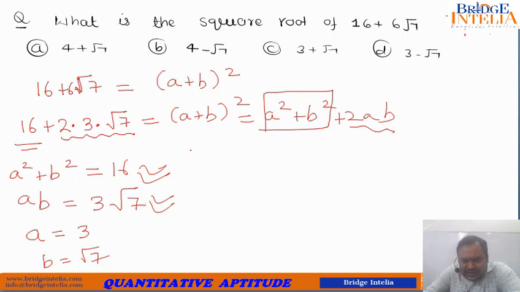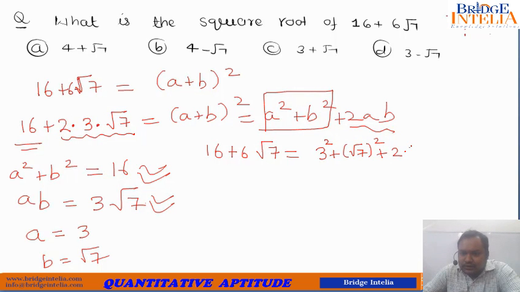So in fact, 16 plus 6 root 7 can be rewritten to make it look like a square. How? This is actually equal to 3 square plus root 7 whole square plus 2 into 3 into root 7. So this can be written as 3 plus root 7 whole square.